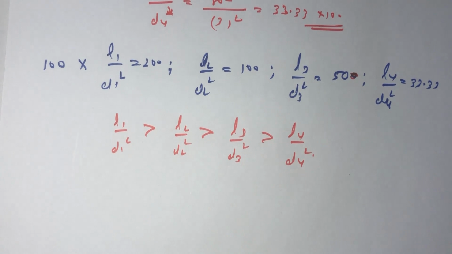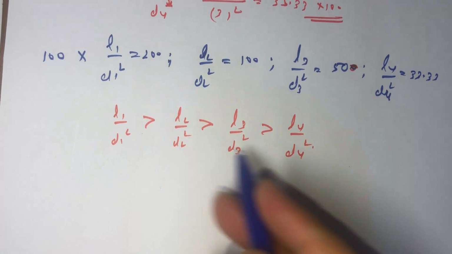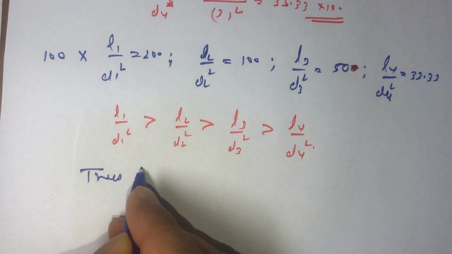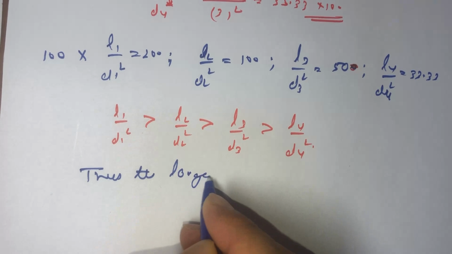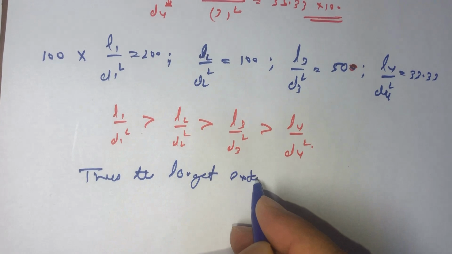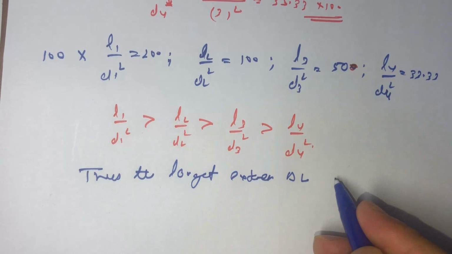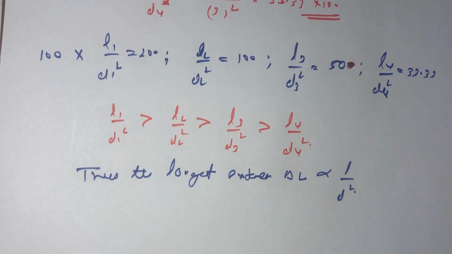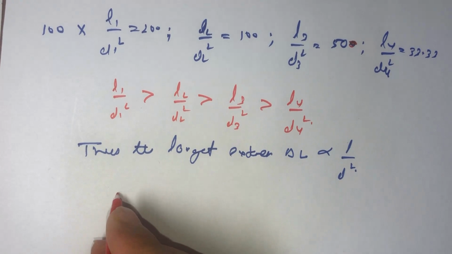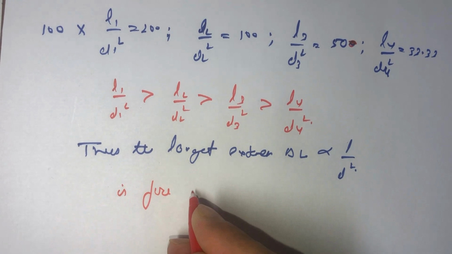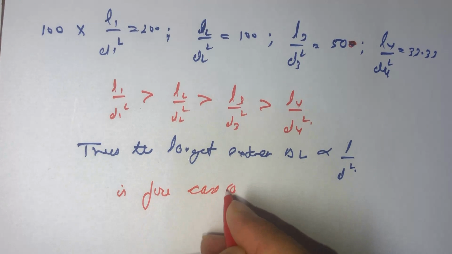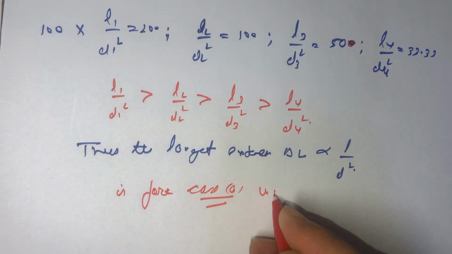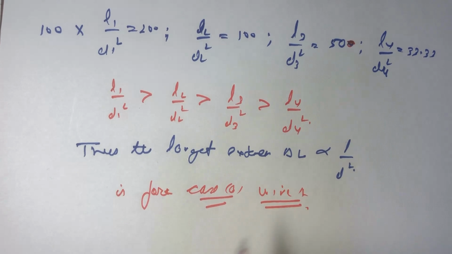So we can say that the largest extension delta L, which is proportional to L upon D square, is for case A, or we can say wire 1.